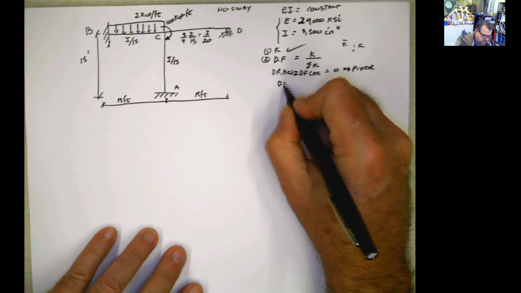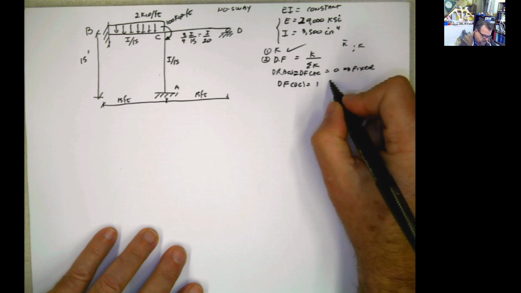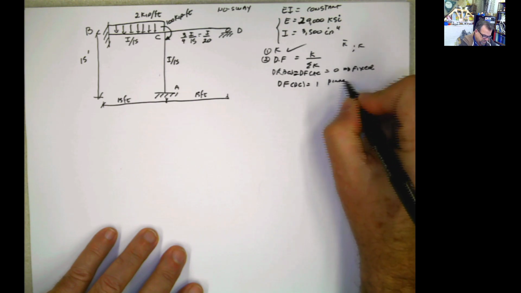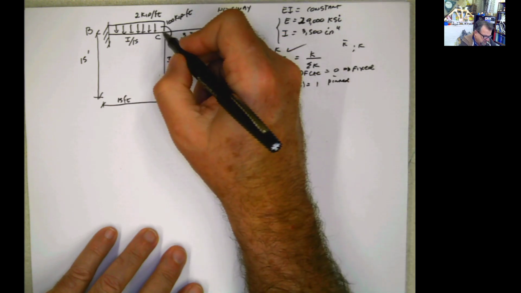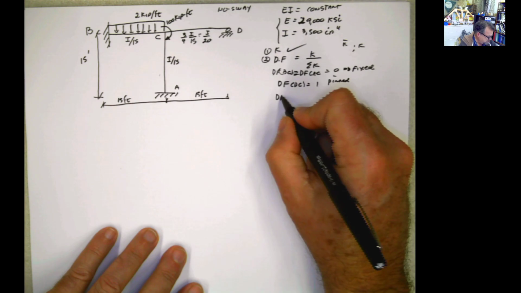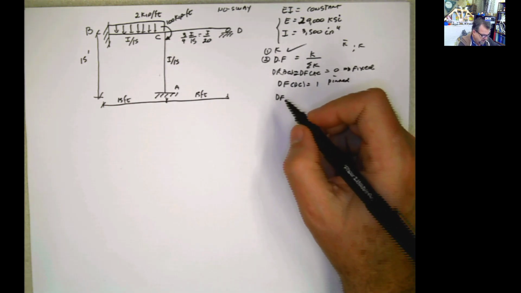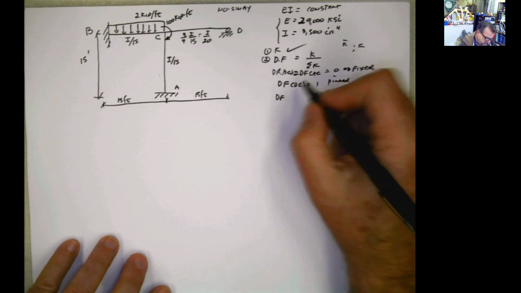The distribution factor DC is 1 because it's a pin support, a pin connection. Now we need to find distribution factors CB, CA, and CD. Let's say CA or CB.